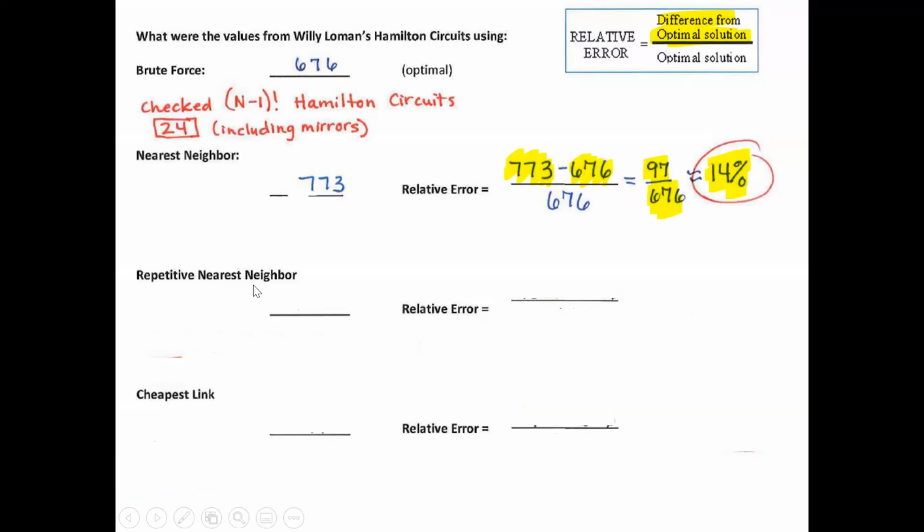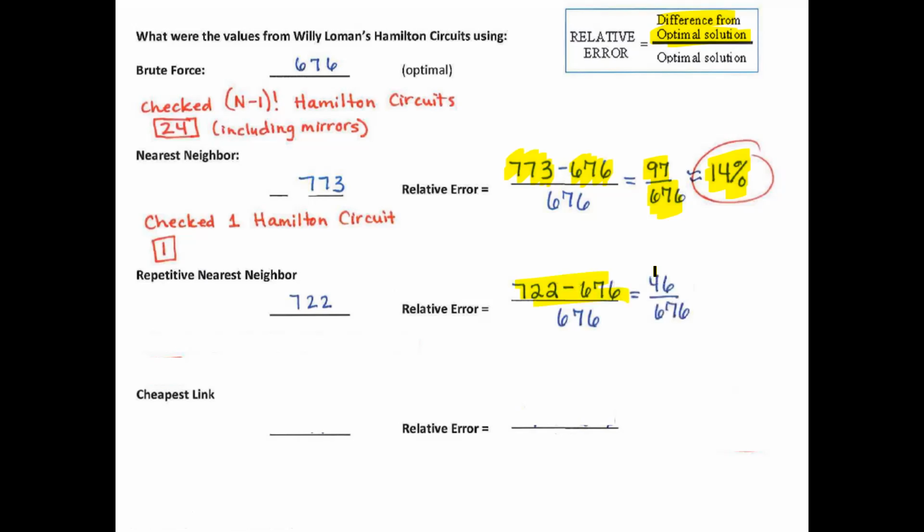The repetitive nearest neighbor is going to be 722. So your relative error is 722 minus the brute force, which is 676, divided by 676. If I subtract the difference in the numerator, I have 46 divided by 676.